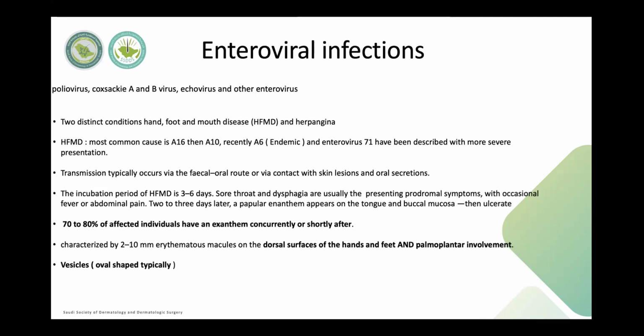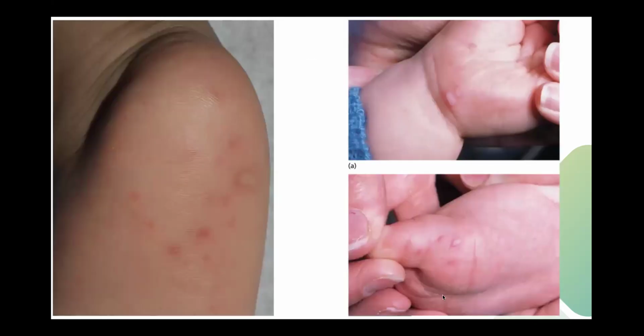After that, or during the same time, they may start to develop a rash over the hands and feet, usually involving the dorsal hand and the palm and plantar surfaces. What is very characteristic for the vesicle is the oval shape, as we can see here and here and here.